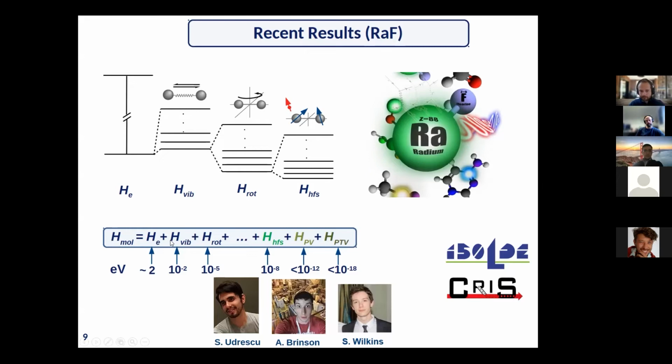In molecules, not at that level, right? Typically, theoretical predictions have an uncertainty of about 10%. So we need to start really from the very beginning, study the electronic structure, vibrational, and so on. And the idea, a few years ago, was that maybe at some point we'll be able to actually use the molecule to study nuclear phenomena.